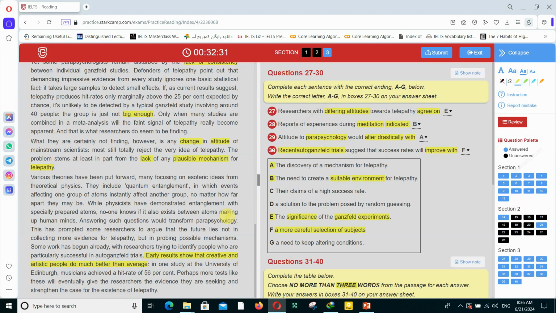But this is a mixture of skipping some paragraphs and sentences and trying to comprehend, trying to speed up your comprehension. Because there is always a problem with time for different students. I'm one of the students who always has problems with time when it comes to the IELTS reading test.